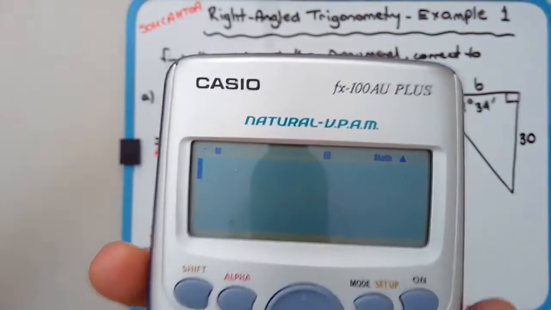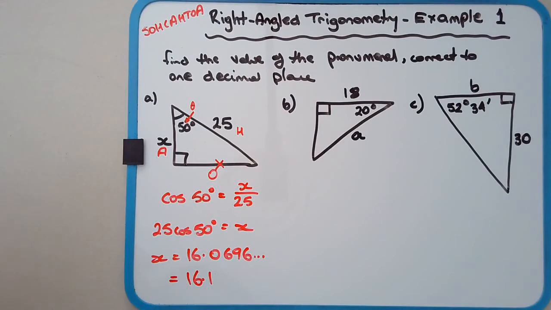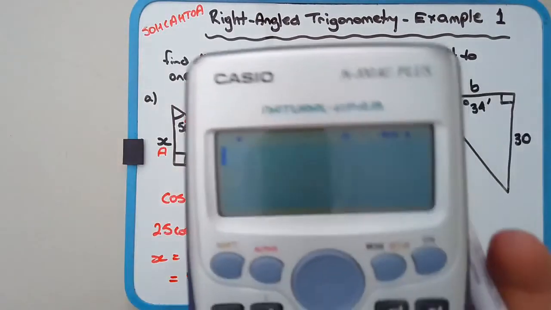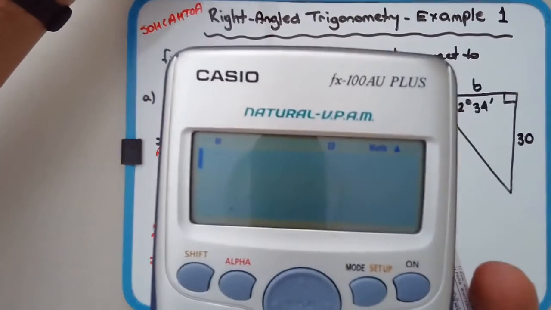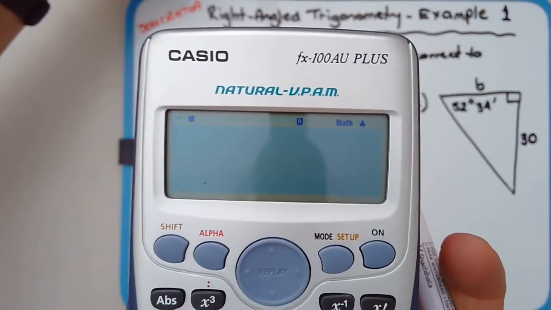D is for degrees. Sometimes, let me get the calculator into a different mode, you might see an R come up.